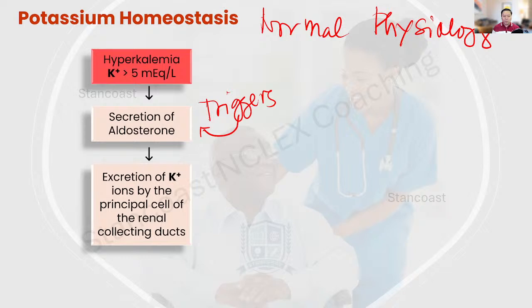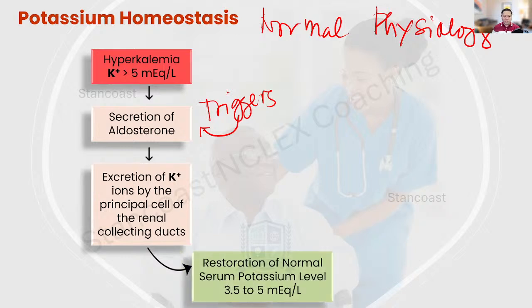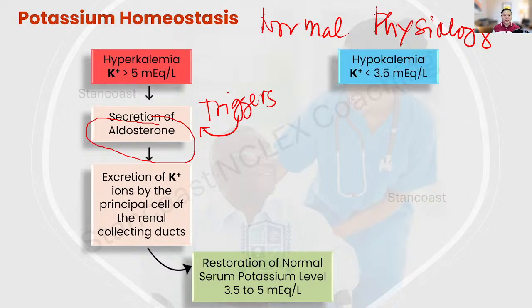Okay? And when this is happening, this will lead to the normalization or restoration of the normal serum potassium, because the kidneys are actually excreting the excess potassium ions. And again, what controls it? The aldosterone. Now, in a case wherein there is hypokalemia, a drop of the potassium level, what's going to happen here?